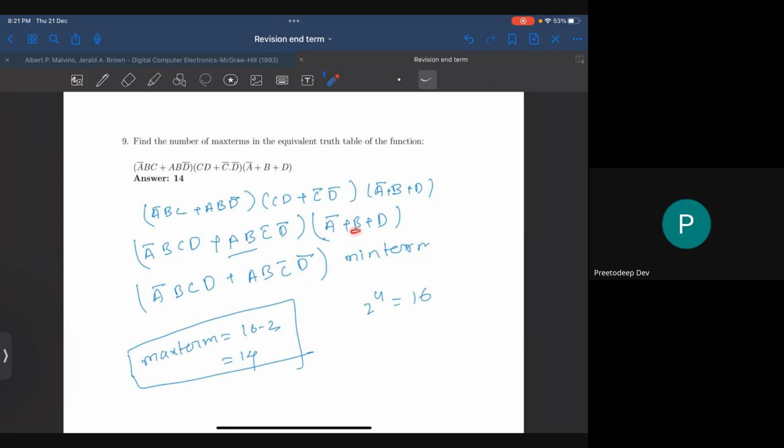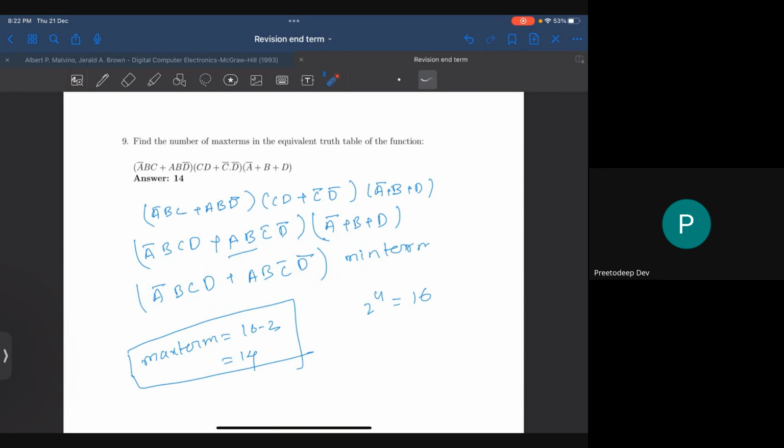And second we will get A bar B C bar D bar, and the last one, D and D bar, will get 0. So we'll get only 2 min terms.